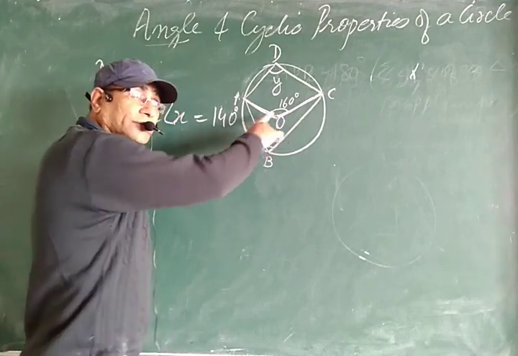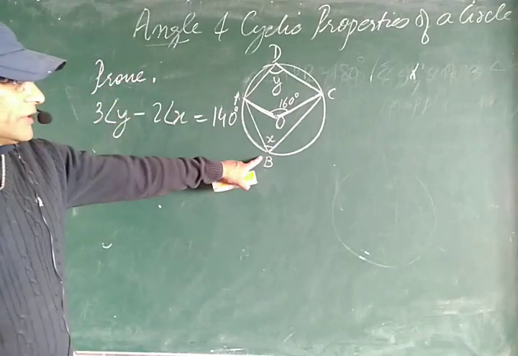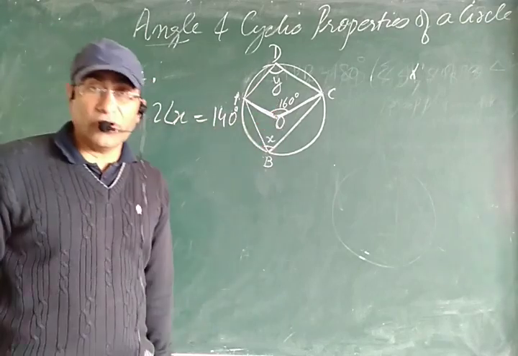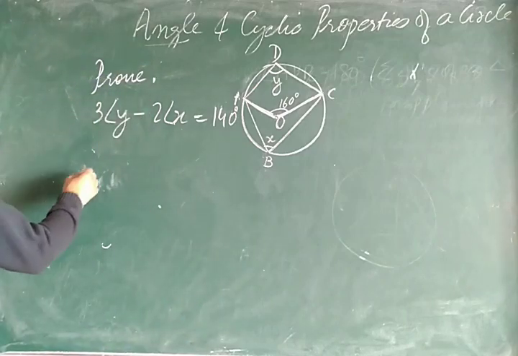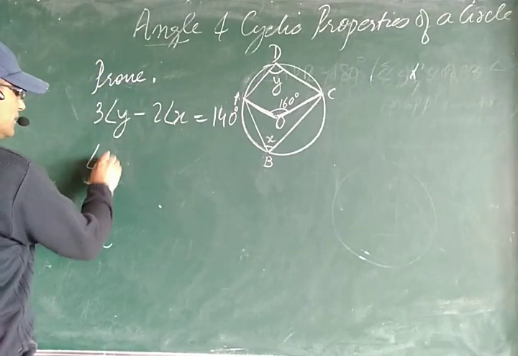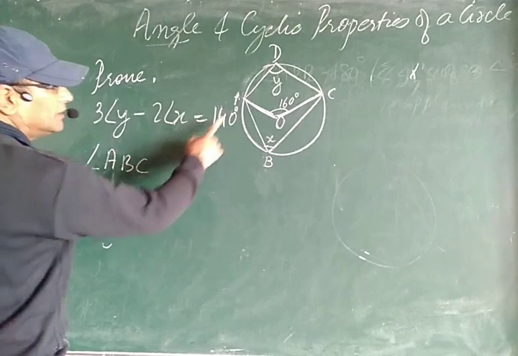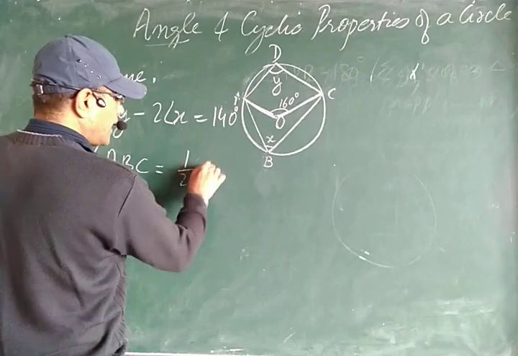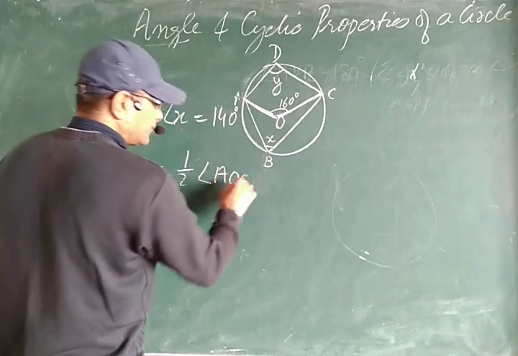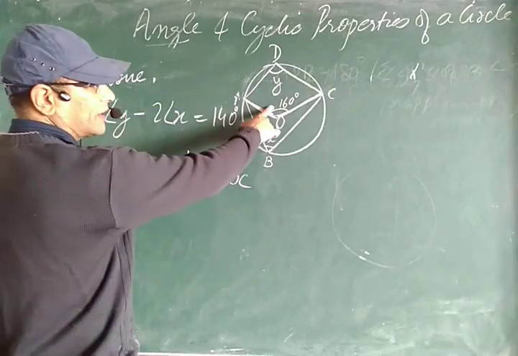The first theorem says the angle formed at the circumference is equal to half of the angle at the center. So we can write angle ABC is equal to half angle AOC.